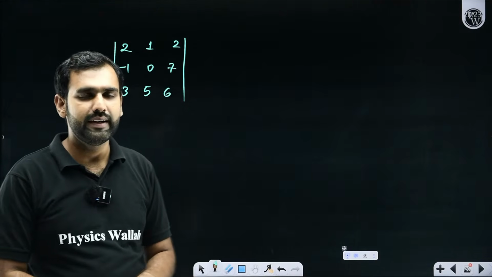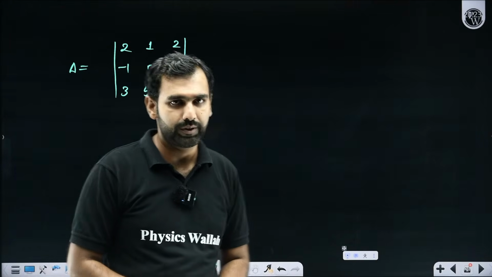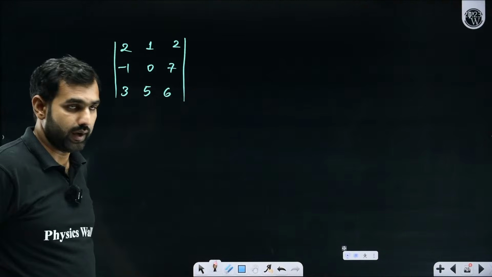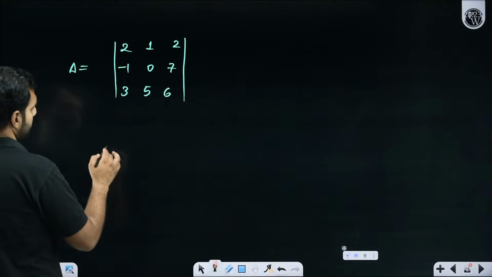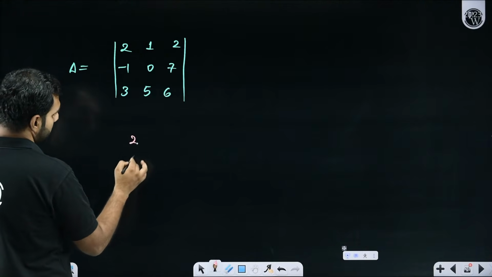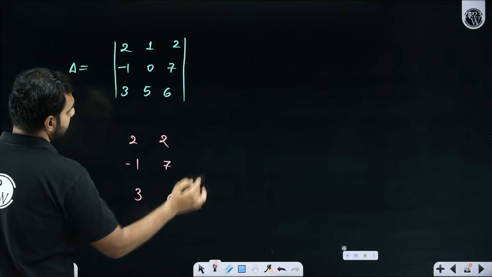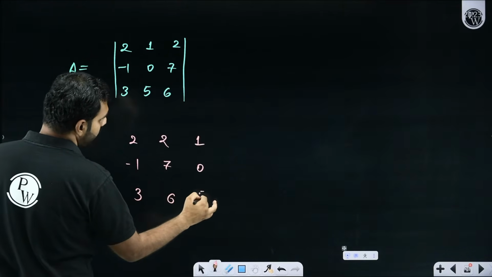Now, it will have a certain value. After expanding it, I can find its value. Now, let's say I am given one more determinant, which is, pay attention to this part, 2, minus 1, 3, 2, 7, 6, and 1, 0, 5.